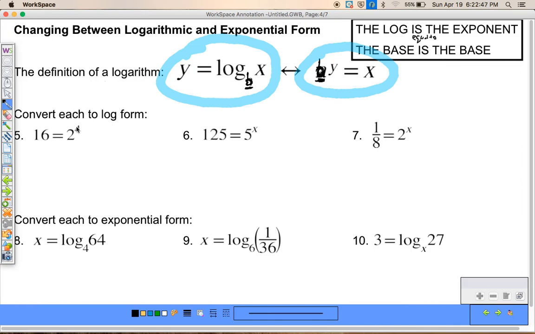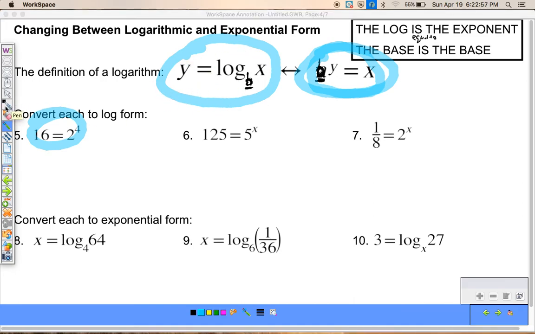So in number 5, it says convert each to logarithmic form. Right now it's in exponential form. So this problem right here looks like this setup here. We want to rewrite it to look like that. The first thing we always want to identify is the base. The base is that number that's being raised to a power. So we have a 2, so this is going to be log base 2.